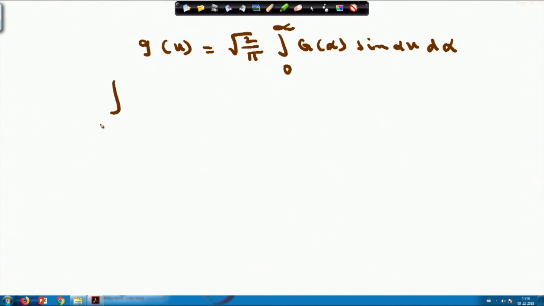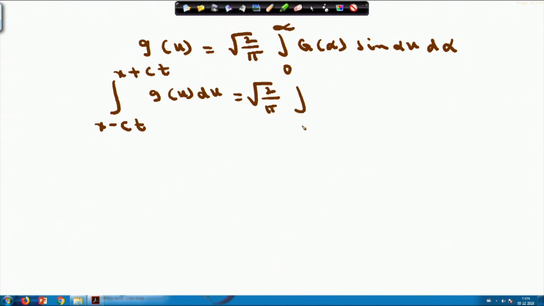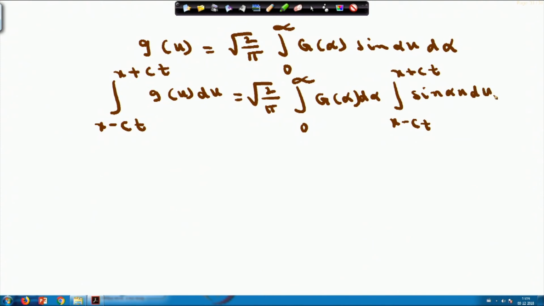If you integrate it from x minus c t to x plus c t, g(u) du, you see how we are transforming it. Root over 2 by pi, integral from 0 to infinity G alpha d alpha, and from x minus c t to x plus c t, sin of alpha u du, this I can write down.